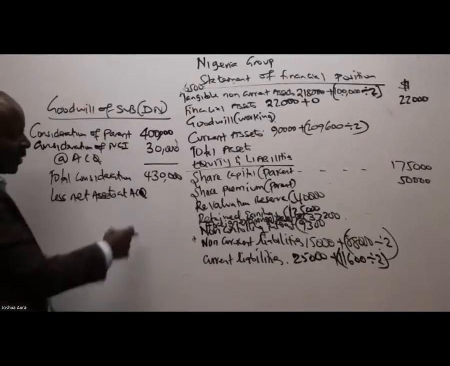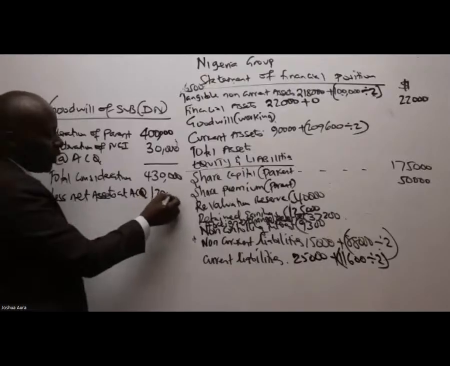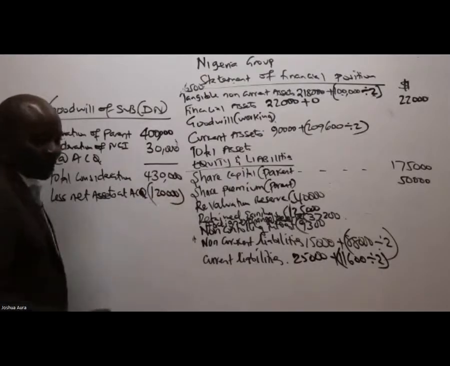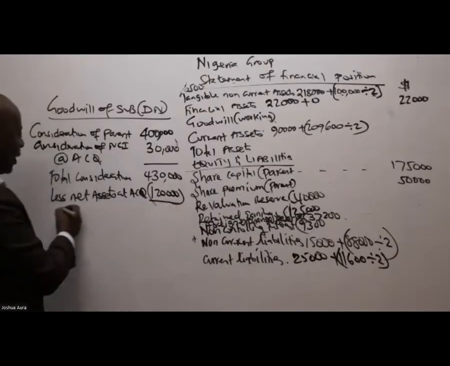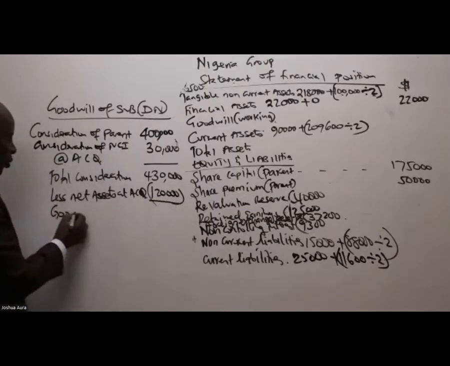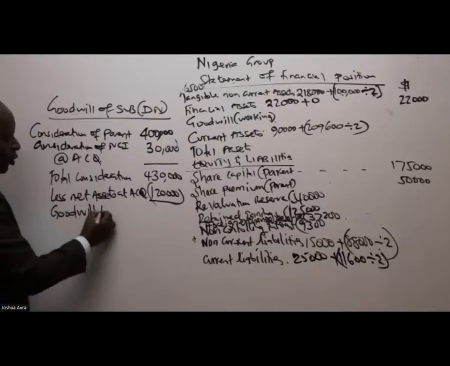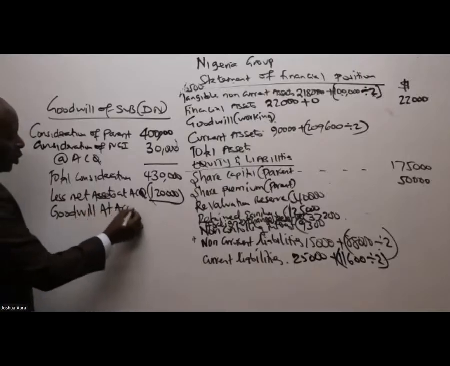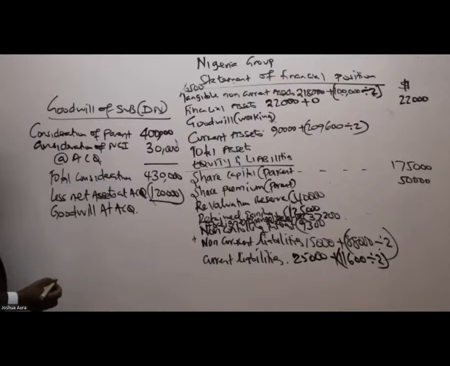You have that table up there. Is it 120,000? So please subtract. Whatever you get is called goodwill at acquisition.